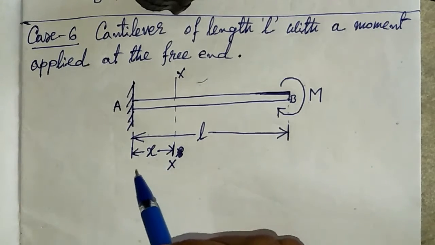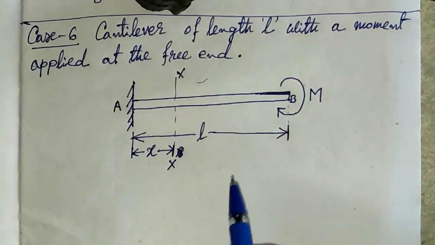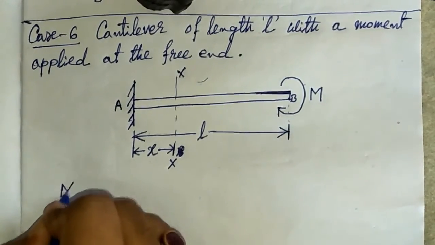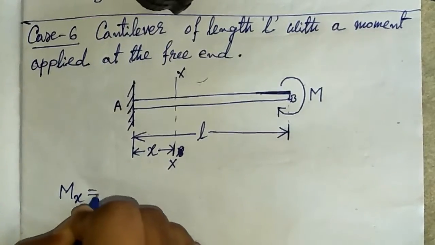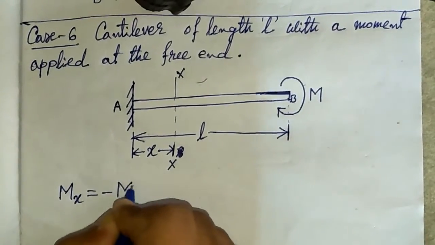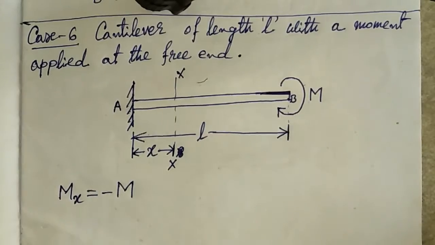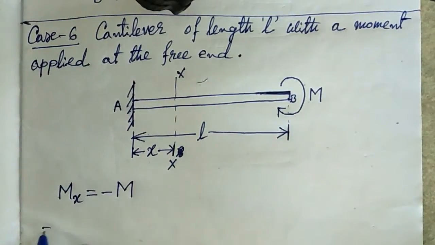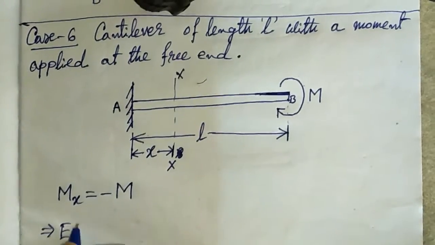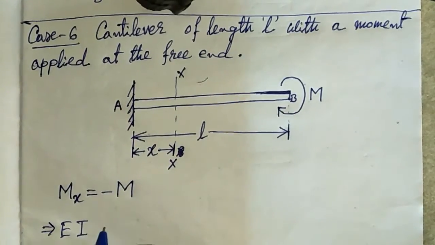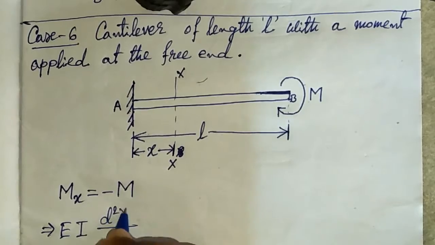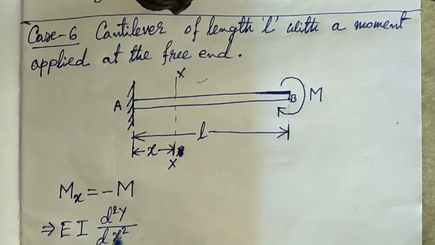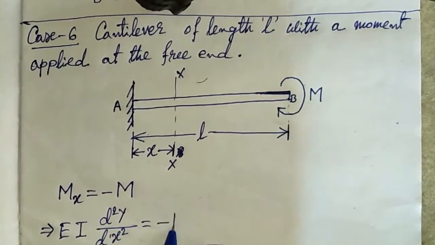The moment at point x, that is M suffix x, equals minus M. So from the deflection equation, EI d2y by dx2 equals minus M.